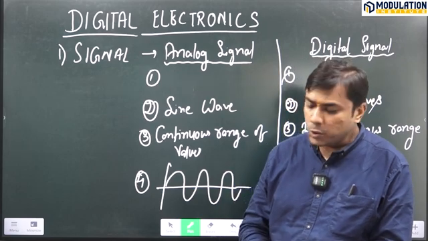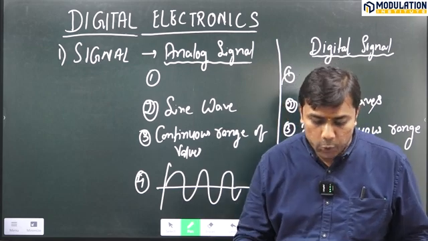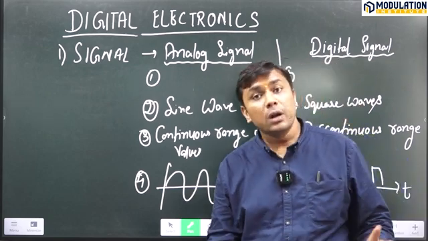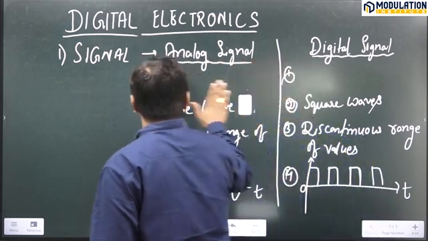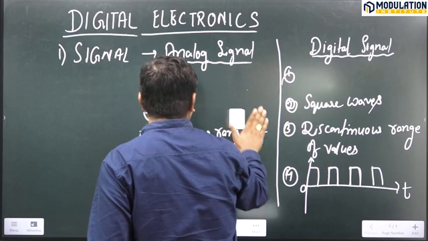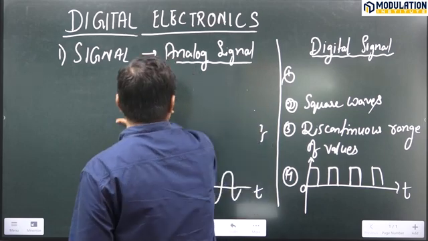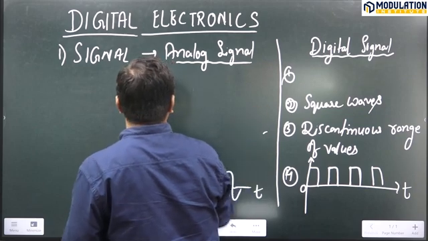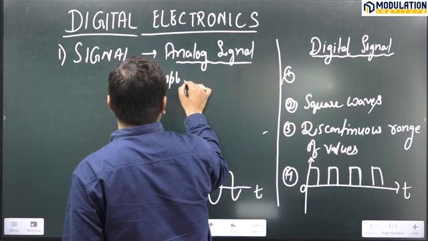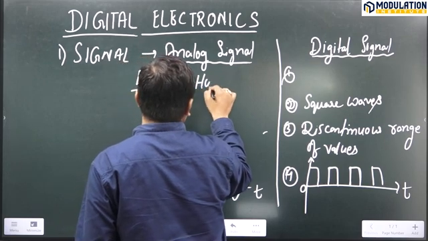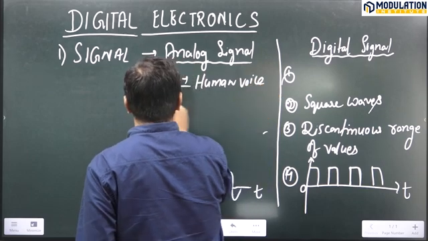Now, I would like to come to the examples. What are some examples which we use in analog signal? As I told you earlier as well, the human voice is one of the best examples of analog signal.